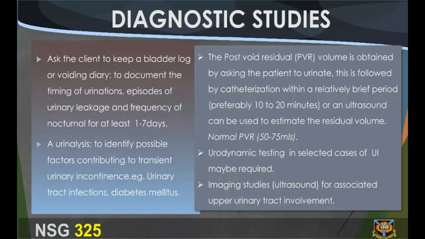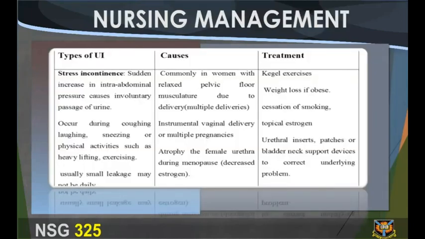This is followed by catheterization within a relatively brief period, probably 10 to 20 minutes, or an ultrasound can be used to estimate the residual volume. Urodynamic testing in selected cases of UI may be required. Imaging studies for associated upper urinary tract involvement.